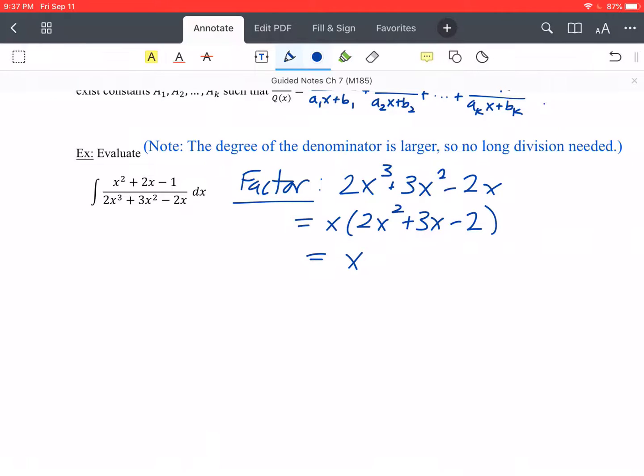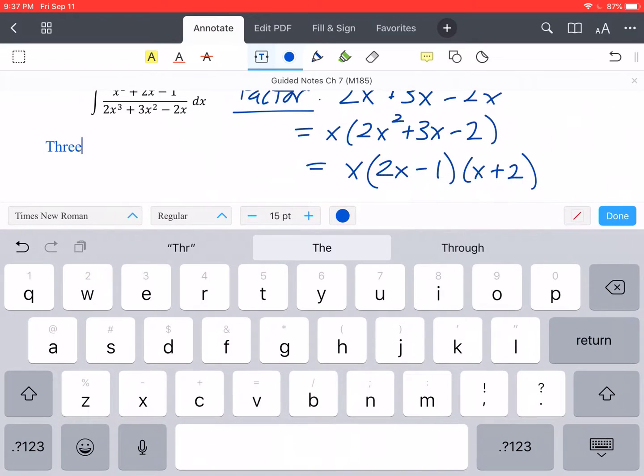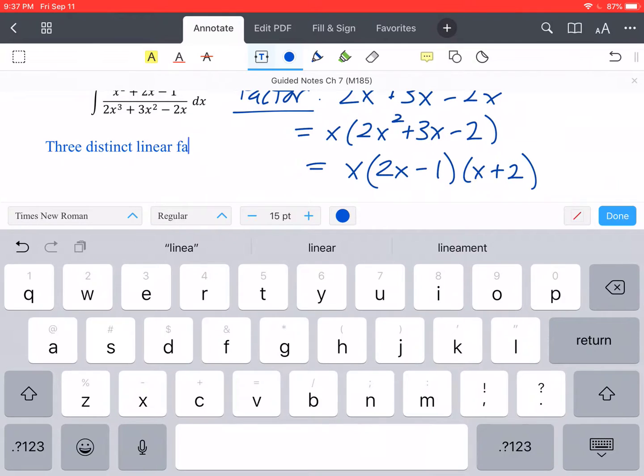So the question is then, is that quadratic factorable? It turns out it is, so you can try it through a little trial and error here. You get 2x minus 1 and x plus 2. So what we've just figured out is that we have 3 distinct linear factors.